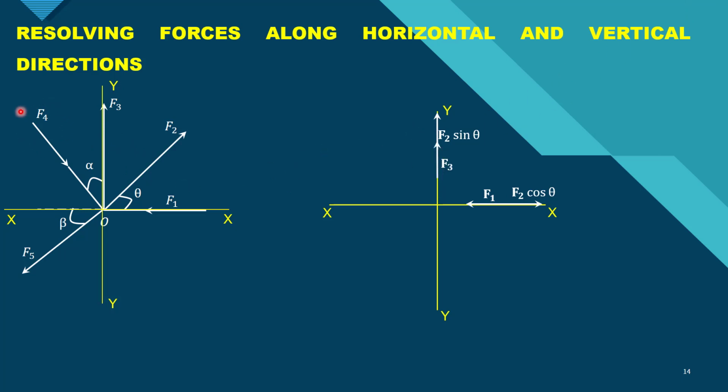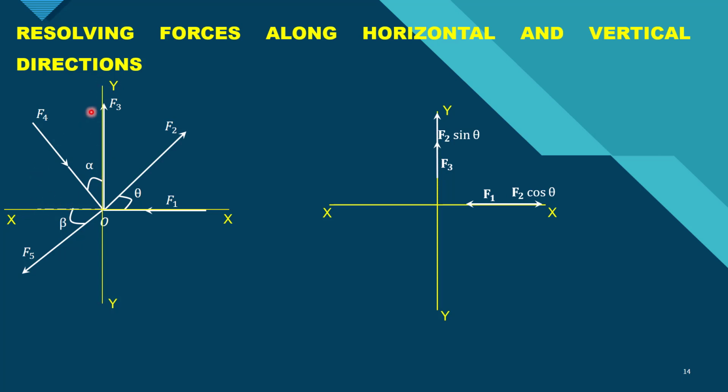Now let us take the next force F4, which is lying in the second quadrant. So here the angle made by F4 with the y-axis is given as alpha. Now I need to resolve this force also into two components, one along the x-axis and one along the y-axis. Since this force F4 lies in the second quadrant, the components will be along the negative x-axis and along the positive y-axis.